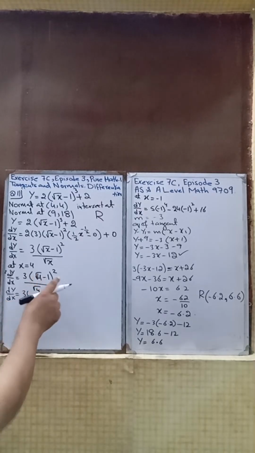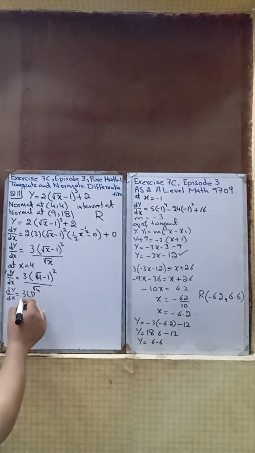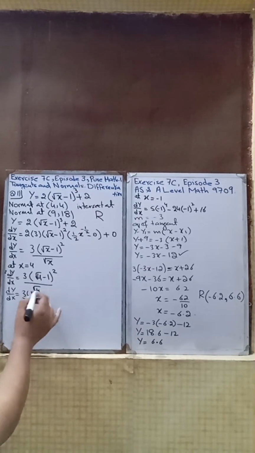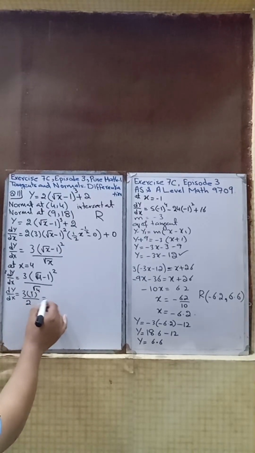Under root 4 is 2, 2 minus 1 is 1, its square is also 1, and under root 4 is 2, so this is basically 3 by 2.